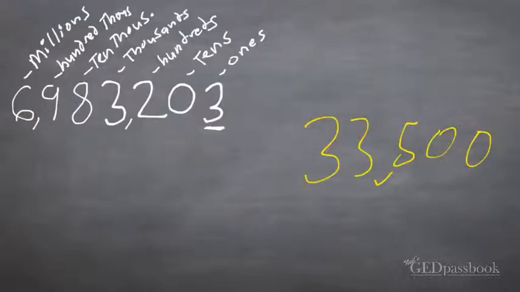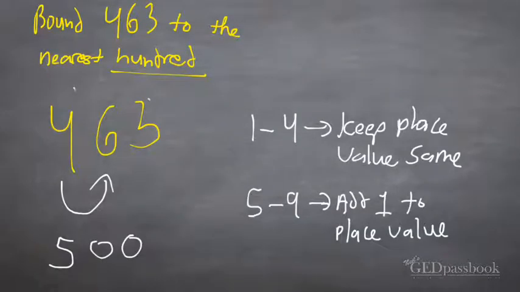So there's two things that we need to master. The first one is you need to 100% memorize your place values. The second thing you need to do is memorize your 2 rules and memorize your steps.